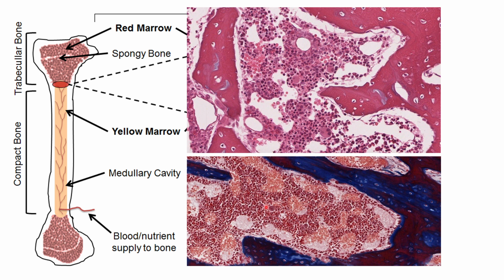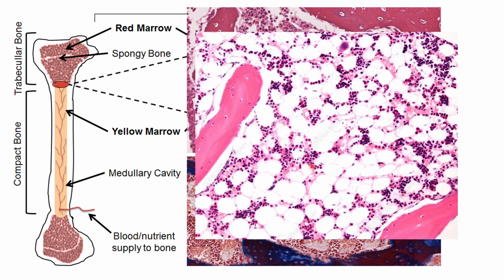Again, the more immature the blood cell, the more nuclei they have and the less cytoplasm they have, the more bluish they are, and the bigger their whole cell sizes are.